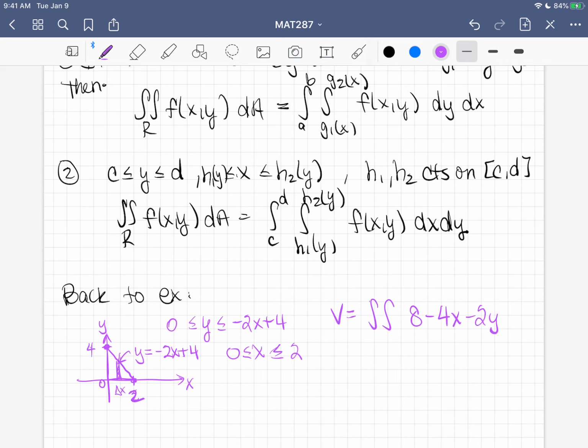We're going to do y runs from 0 to negative 2x plus 4, so dy here. And then x runs from 0 to 2, so dx there. All right, which is exactly what we found on the last slide. All right, I'm going to pause here and let you try a problem in WebAssign, and then we'll come back and talk some more.